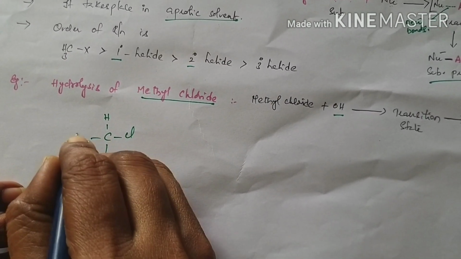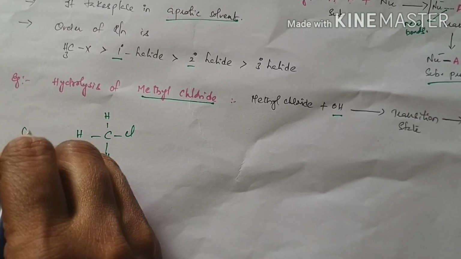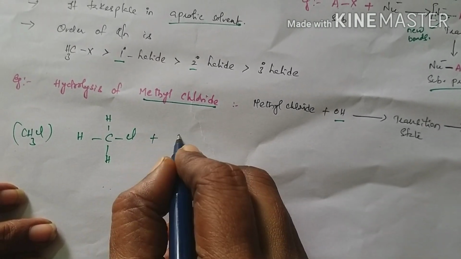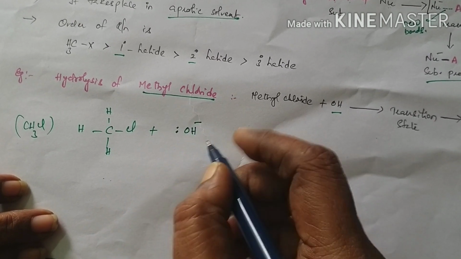This is the structure of methyl chloride, CH3Cl. This methyl chloride reacts with a stronger nucleophile like the hydroxyl group.